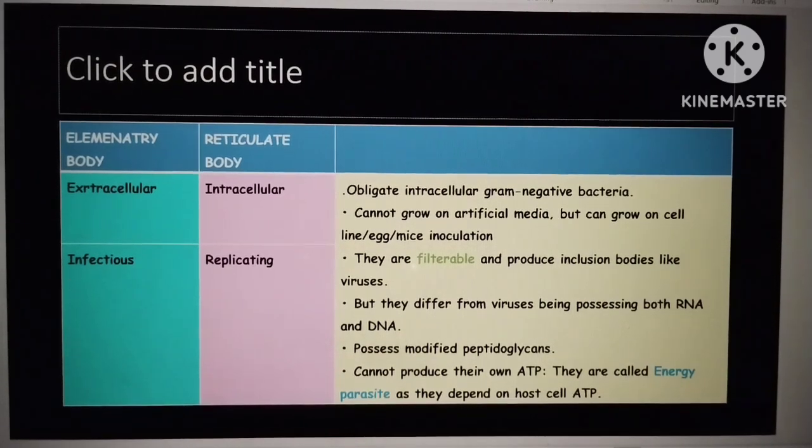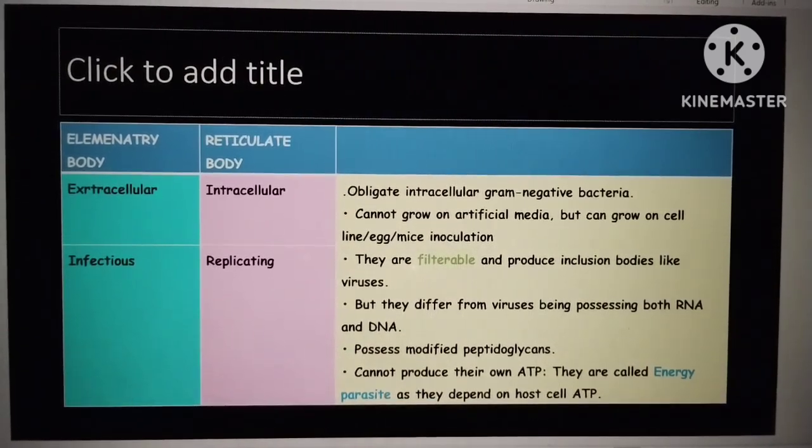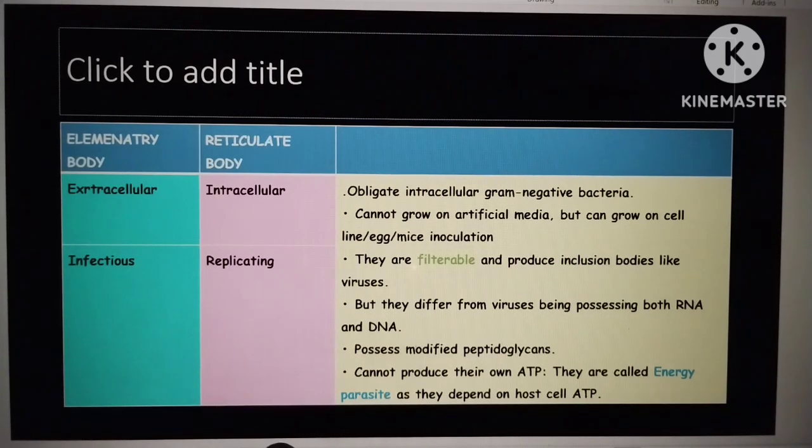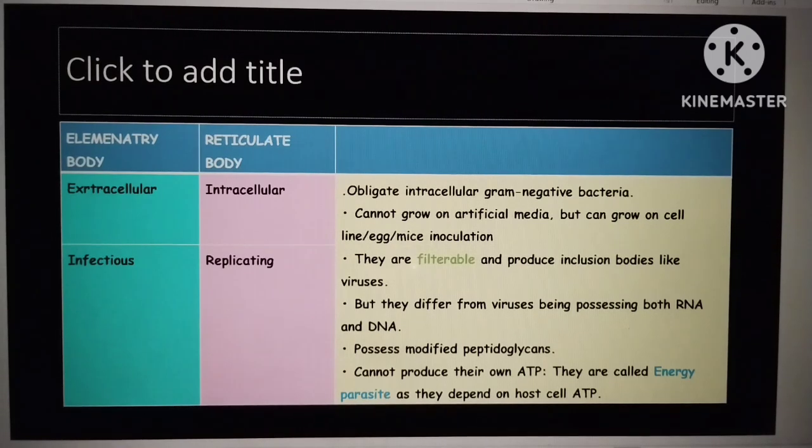Next, they are obligate intracellular bacteria, and they cannot grow in artificial medium, like Mycobacterium leprae and Rhinosporidium seeberi. They are filterable and usually produce inclusion bodies like viruses. I'll be showing the inclusion bodies in the next slide. But they differ from viruses in that they have both RNA and DNA, whereas a virus has either RNA or DNA.